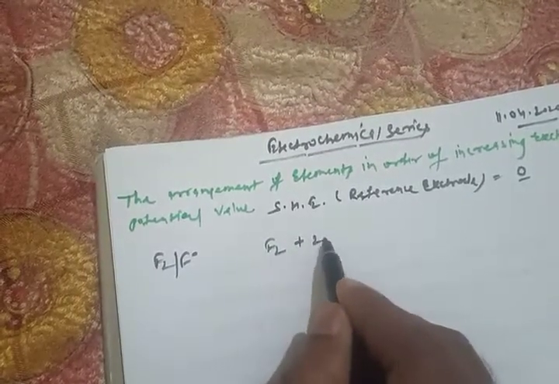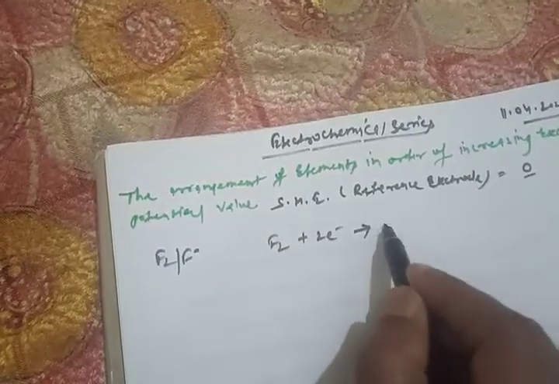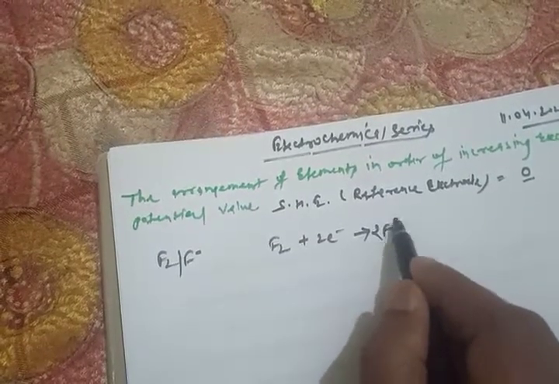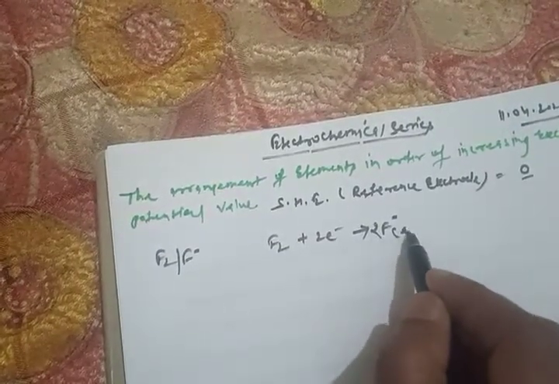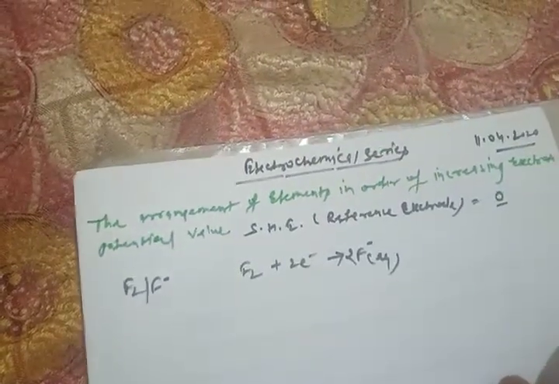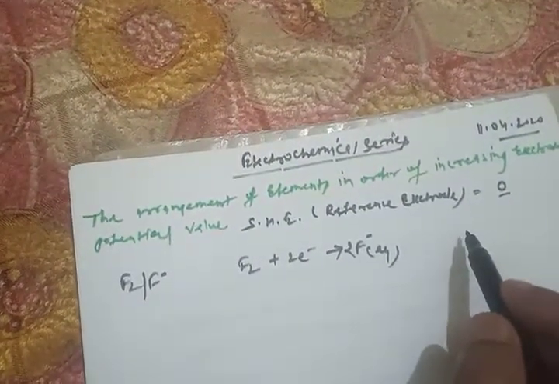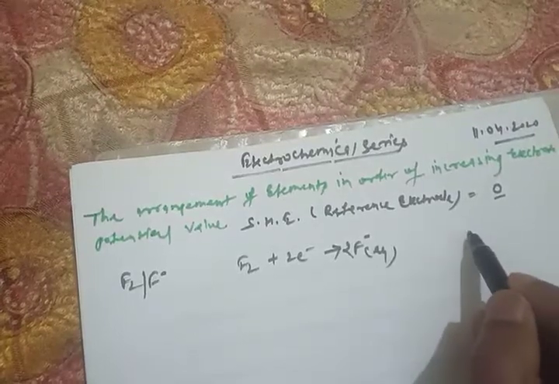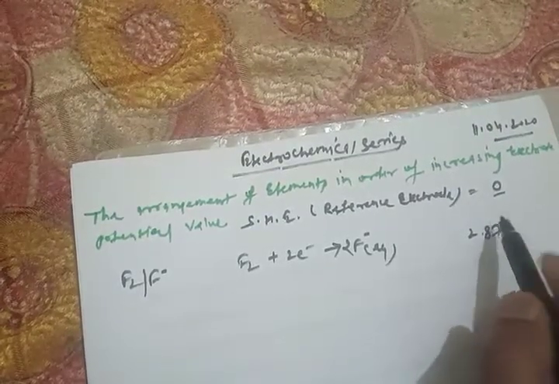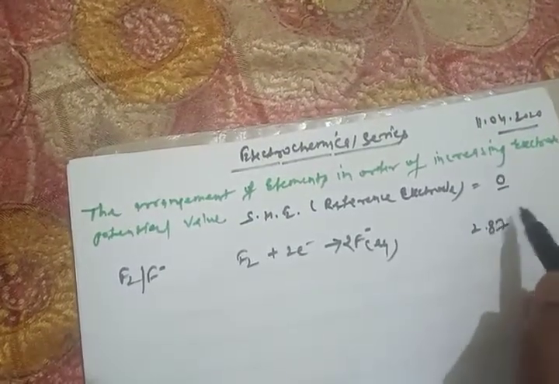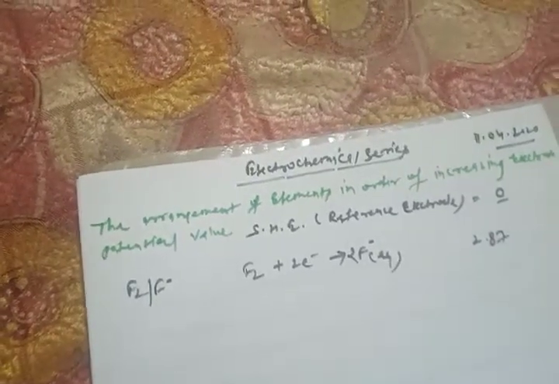This will take 2 electrons and is converted to fluoride ion, aqueous, and this is the value of the electrode potential, 2.87. So here I am writing the values of electrode potential.